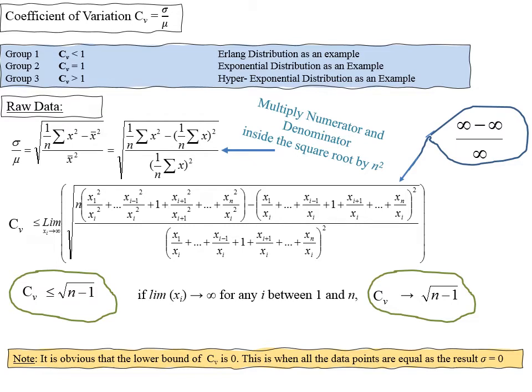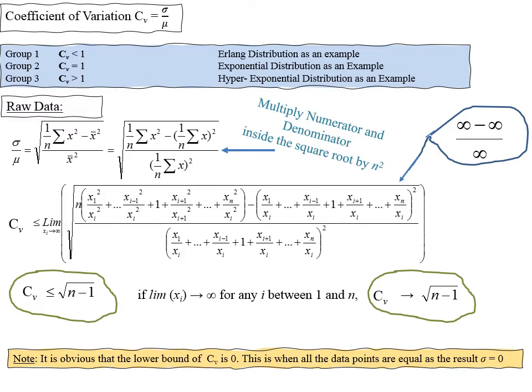For simplicity, if I assume raw data, this is the definition of standard deviation divided by the mean of the data. The standard deviation is a square root of that, and then we squared the mean and inserted it into the square root.